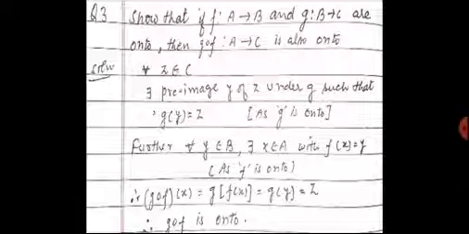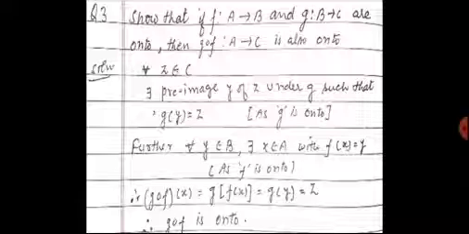What is an onto function? Can you remember? In the last video, I told that a function f from A to B is said to be onto if all the elements of the codomain, that is, here codomain is what?